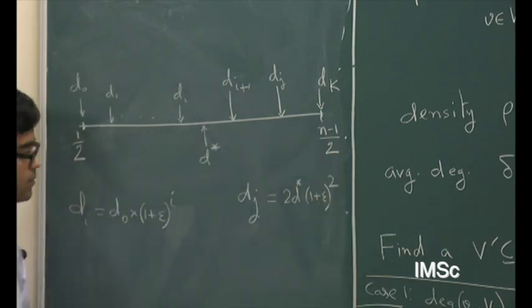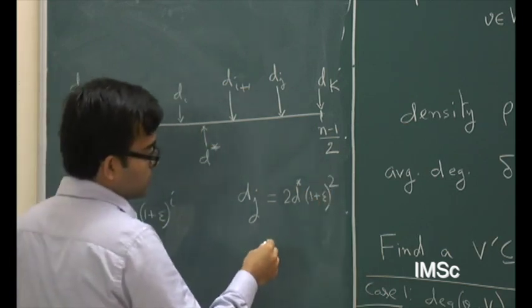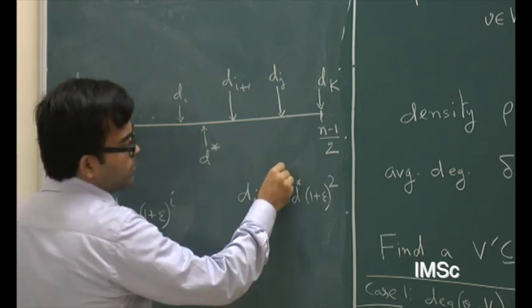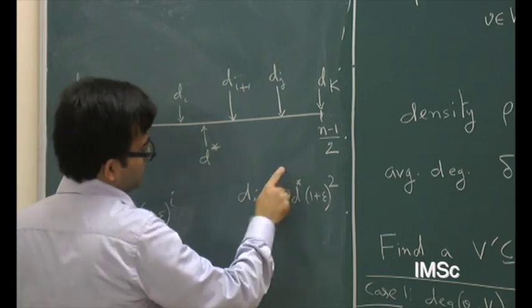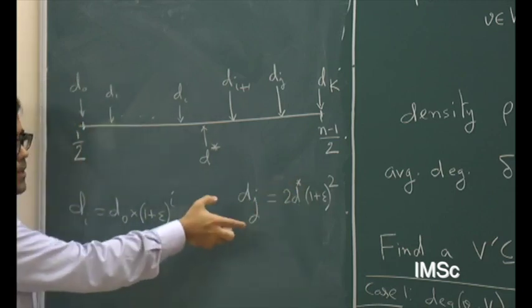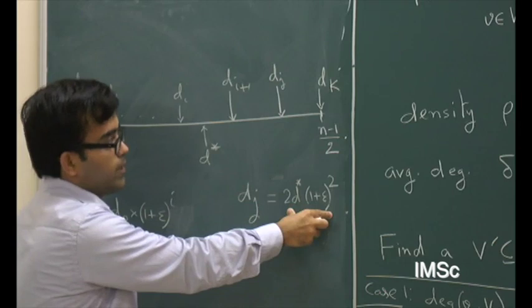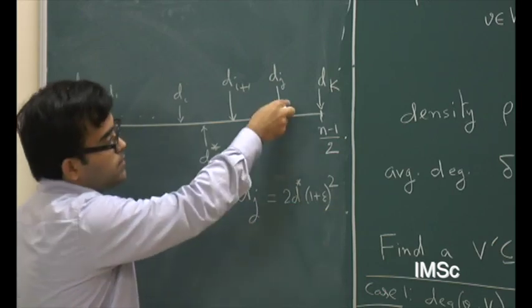Let us just say this: 2d plus 1, because this value need not be a discretized value, but you know what I mean. Just look at this d star, look at this quantity, and look at the next dj.